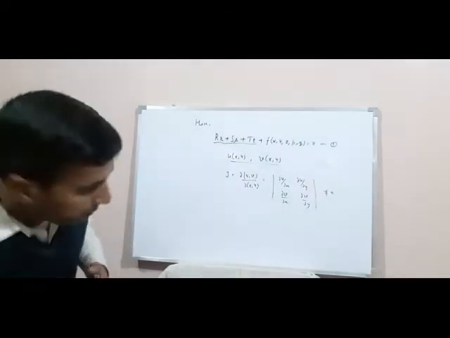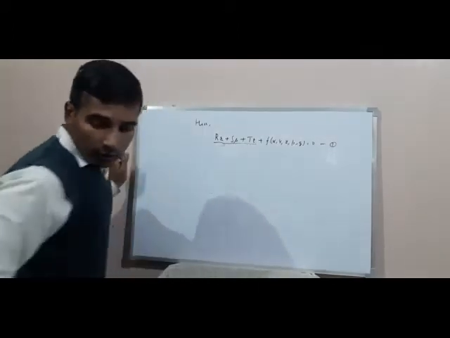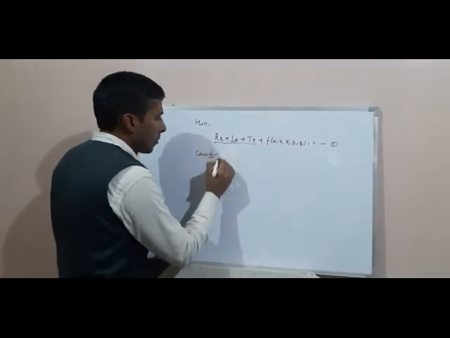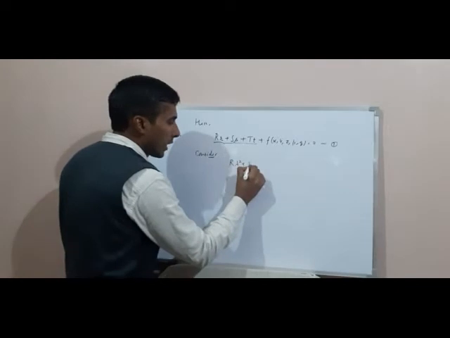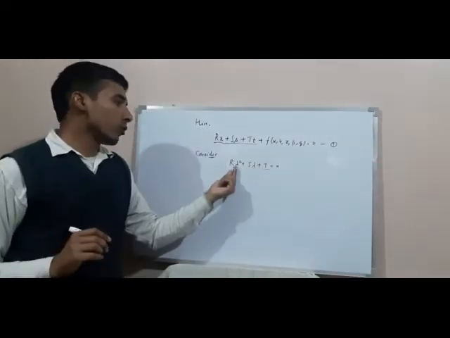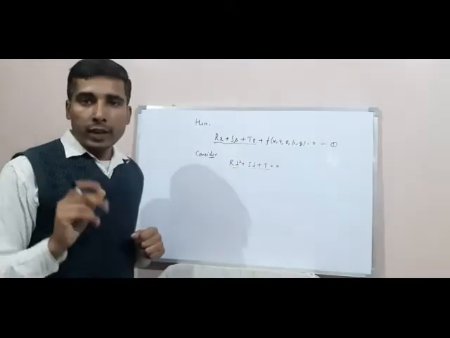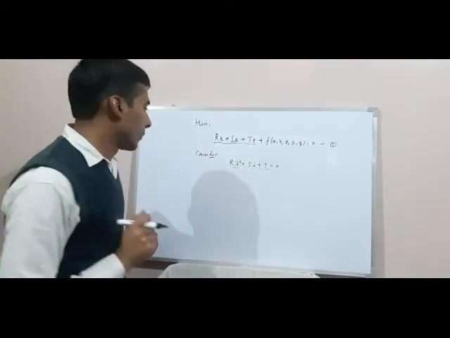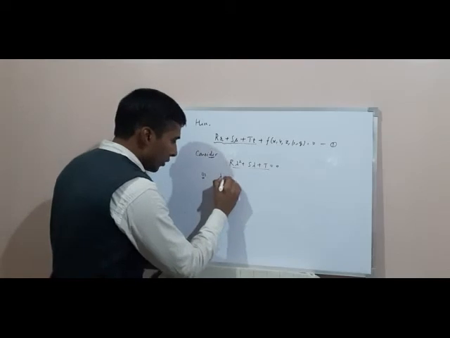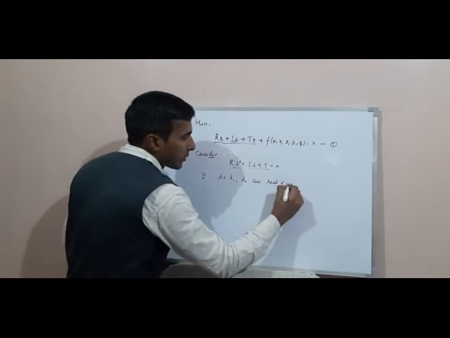Now the problem is, how can we choose such u and v so that these two are linearly independent? For this, we consider the quadratic equation Rλ² + Sλ + T = 0. This is a polynomial equation in lambda. When we solve this equation, we will get two values of lambda, and there are three possibilities. First, λ1 and λ2 are real and distinct.